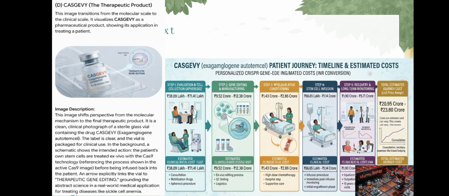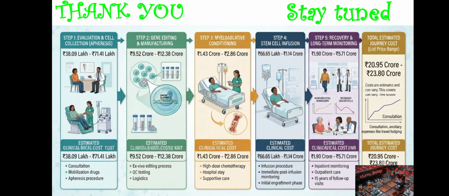And CasGV is the therapeutic product created for sickle cell anemia. If you are diagnosed with sickle cell anemia, you go for the CRISPR-associated medicinal therapy. In CasGV, you are evaluated, and in a clinic your stem cells are collected.